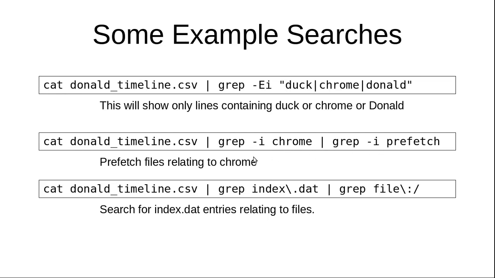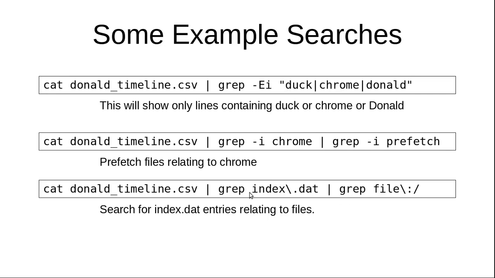Again, -i is recommended, especially as the Microsoft Windows operating system is case insensitive, so you might get either version coming up. You could search for index.dat, and normally you have to backslash the dot because that can match anything, and then you can search for file colon.